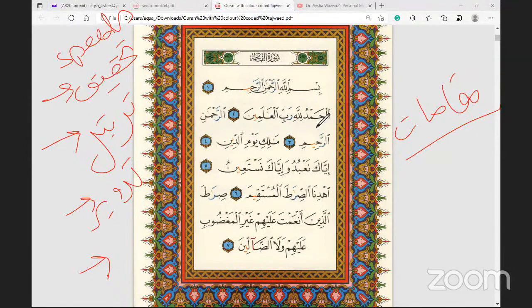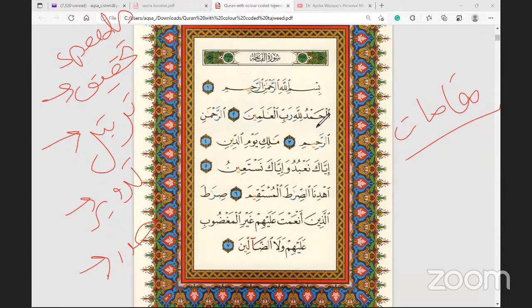That's tadwir. Hadr is the fastest one, usually when they're about to rush to finish the Quran. الحمد لله رب العالمين الرحمن الرحيم مالك يوم الدين إياك نعبد وإياك نستعين. That's hadr.